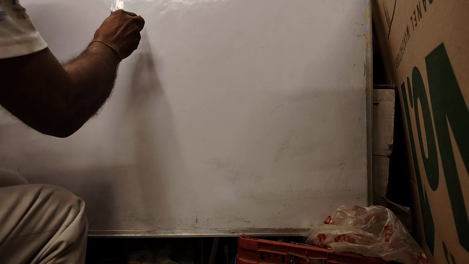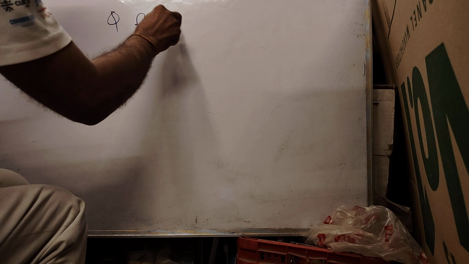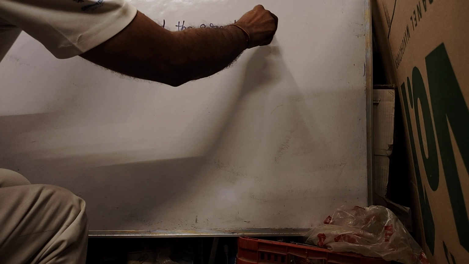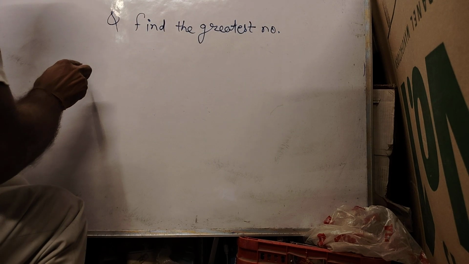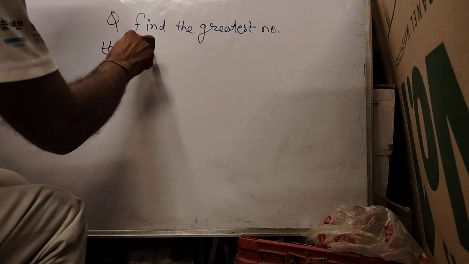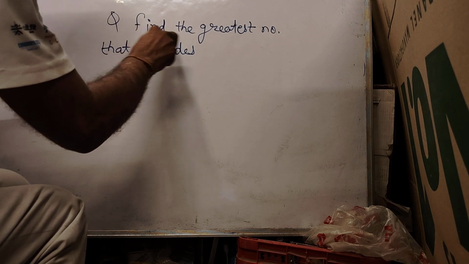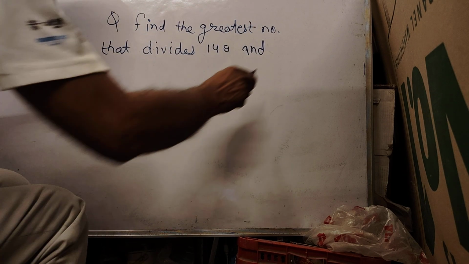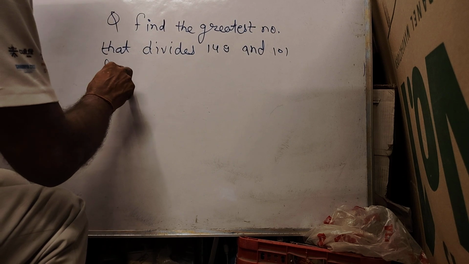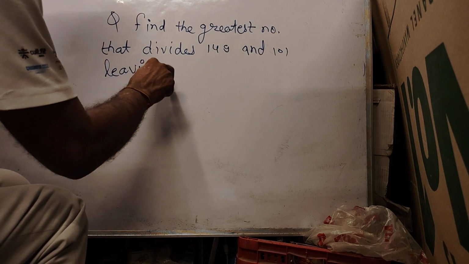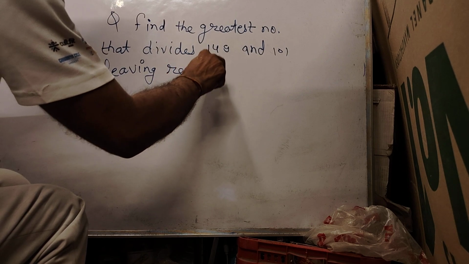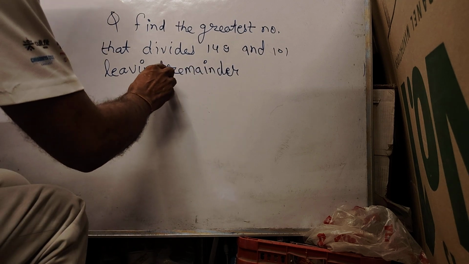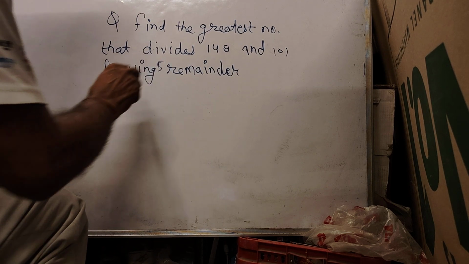The question is: find the greatest number that divides 149 and 101, leaving 5 as remainder.